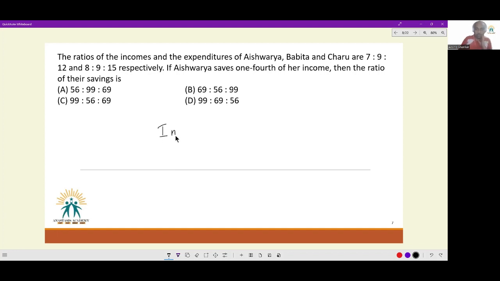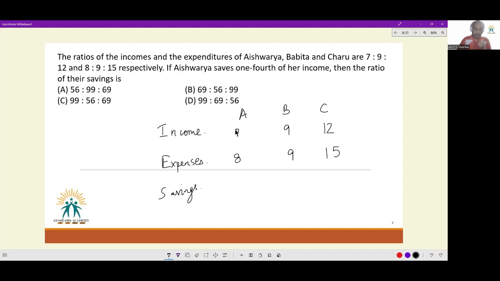So let's say income, expenses, and savings for Aishwarya, Babita, Charu. Here I have 7:9:12. Here I have 8:9:15.